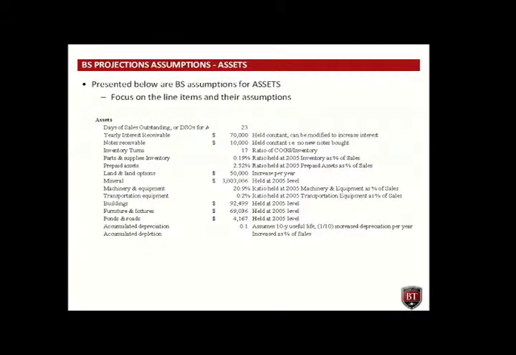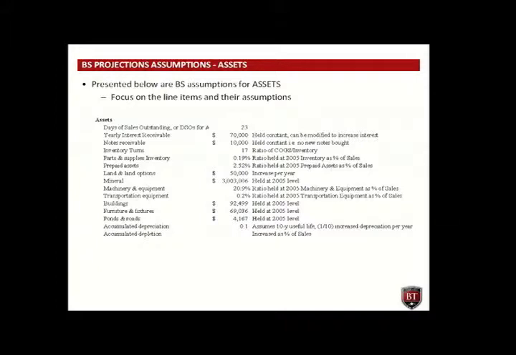What we have on this slide are basically examples of a sample company and its various asset line items and the assumptions on the right hand side that have been made in making balance sheet projections. So there's days of sales outstanding, there's inventory turns, there are certain line items such as prepaid assets that are a percentage of sales.